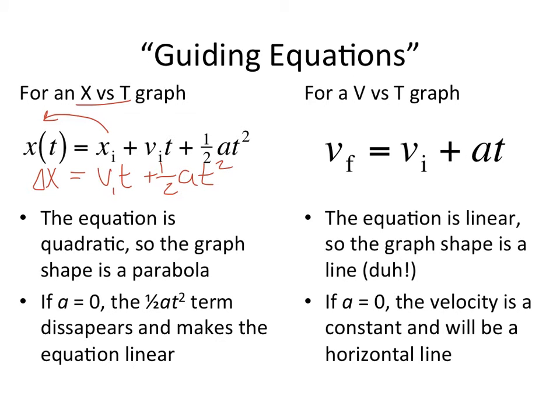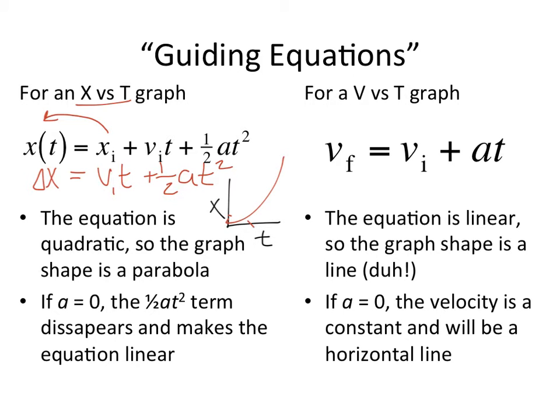Well, ask yourself, what is the relationship between our displacement and time? Because we're plotting displacement versus time right here. Well, we've got this square right here. As long as acceleration isn't 0, that's going to make this a curve. So if there's an acceleration on the position versus time graph, you're going to have a curve, something like that.